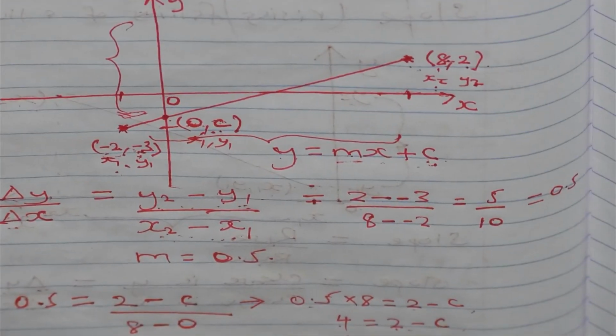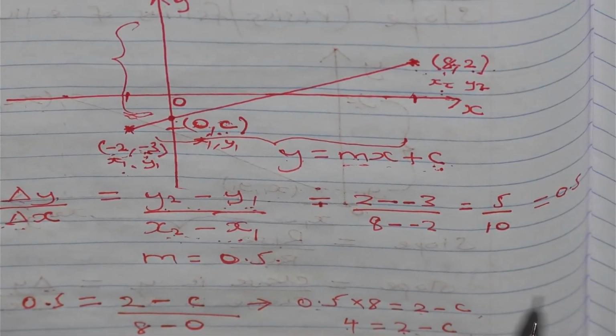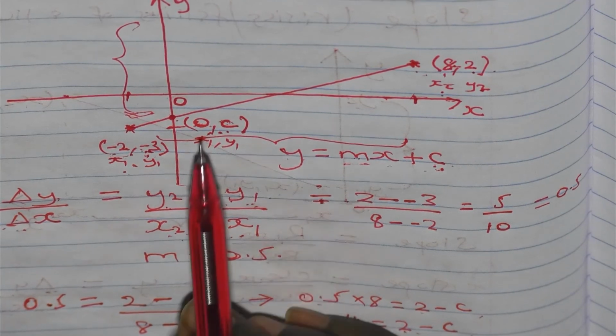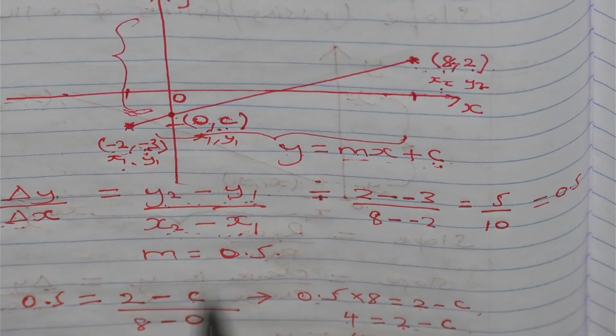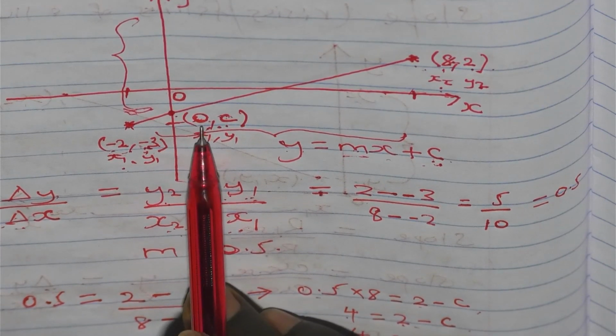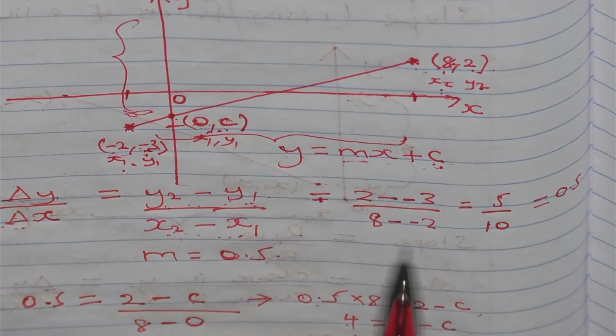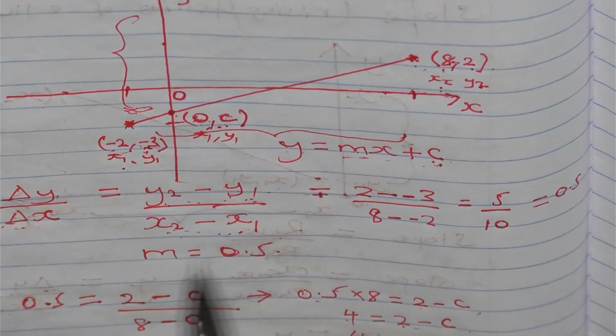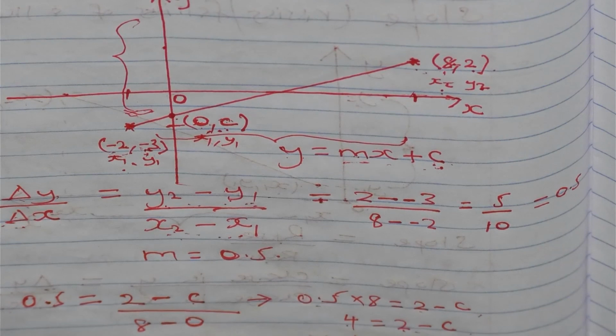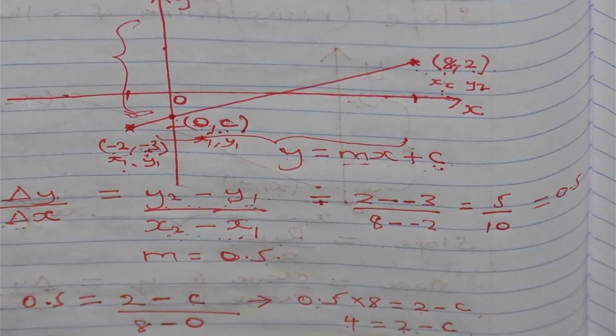After getting the slope, we have to get the y-intercept, and the y-intercept is easy. It's very, very easy to get because it usually has the same coordinates. It's usually coordinates 0 and c. Nothing changes. Even if it was up here, it would have been coordinate 0 and c, and so we look for the coordinate c once you have gotten the m.